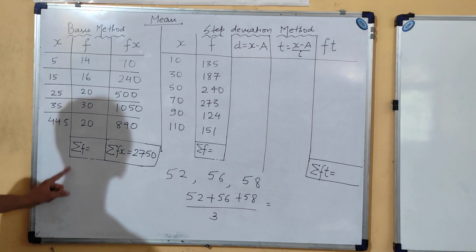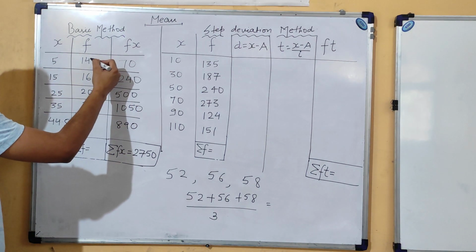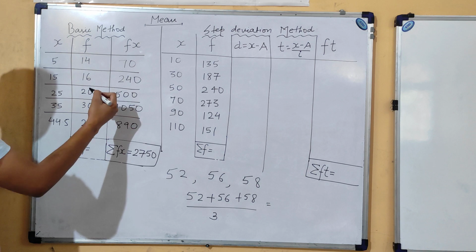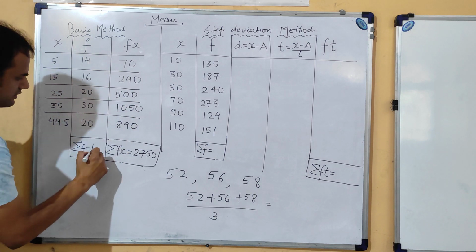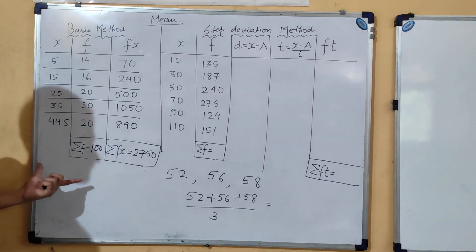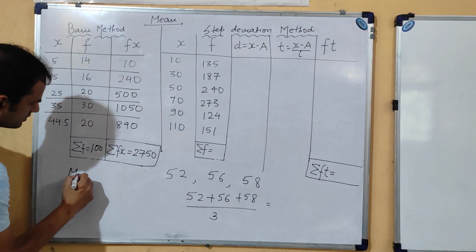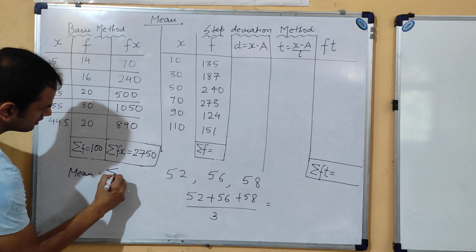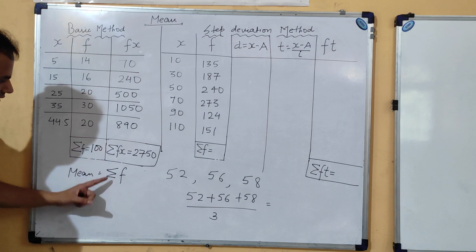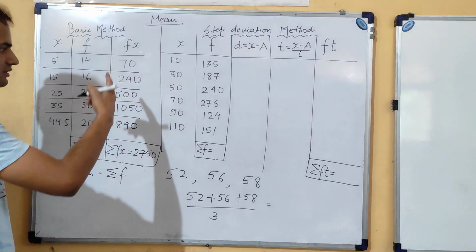Now what is the sum of frequency? 16 and 14 is 30, and 20 is 50, and 30 is 80, and 20 is 100. This is the basic method to calculate mean. So mean becomes summation of fx by summation of f. This is a Greek letter sigma, which shows the summation sign.